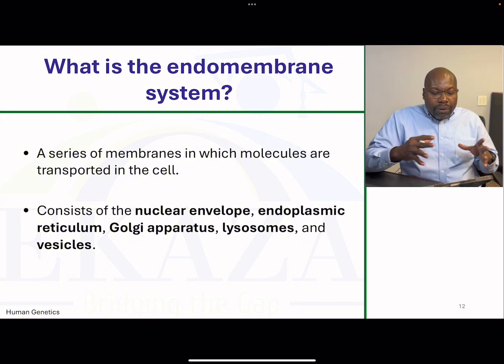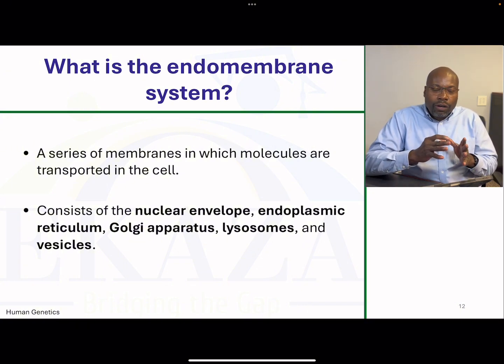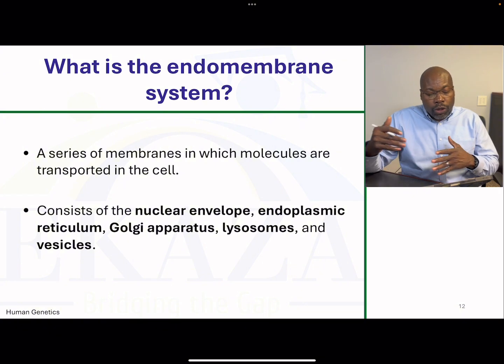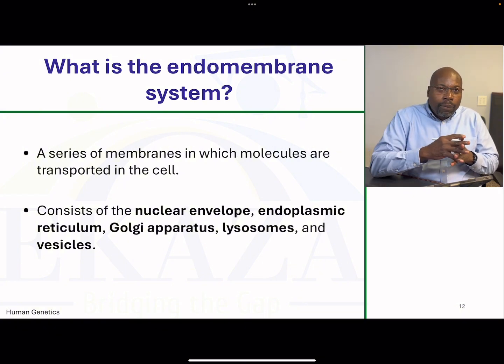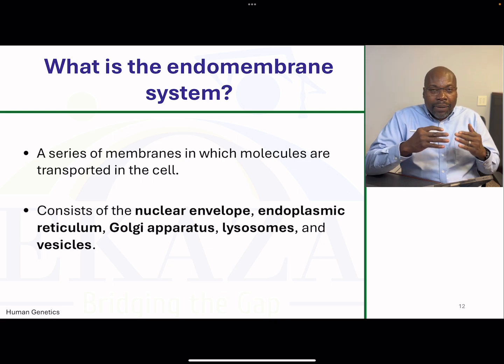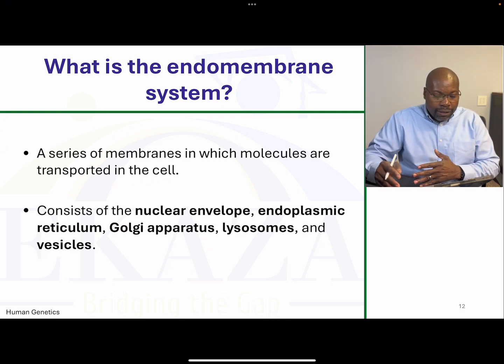Now, the endomembrane system is that network of flattened sacs. That network of flattened sacs allows the chemicals to go from one compartment to another compartment to another compartment and separate different chemical reactions in what appears to be a process, right?